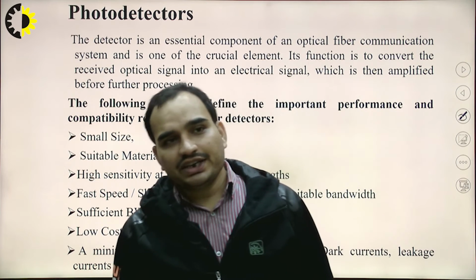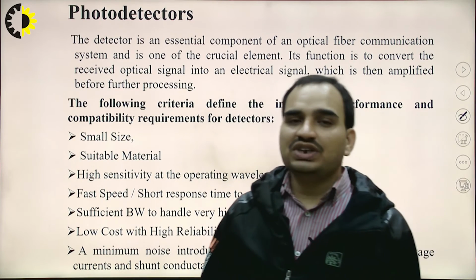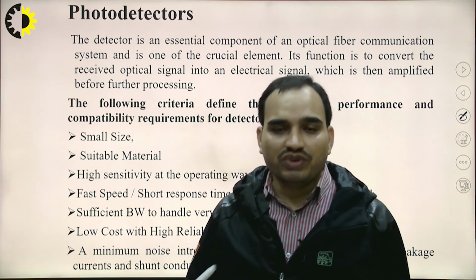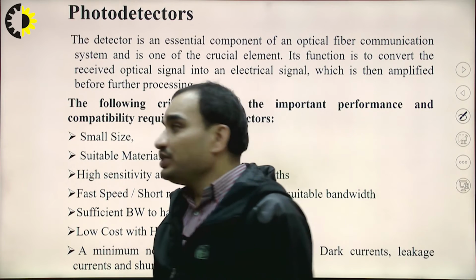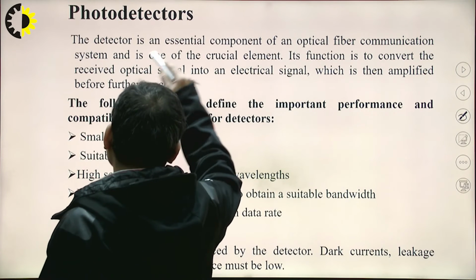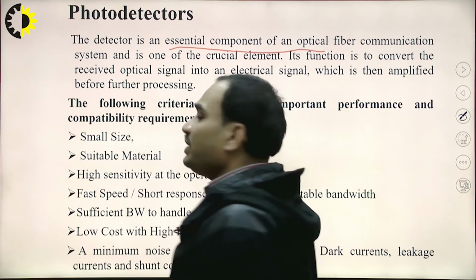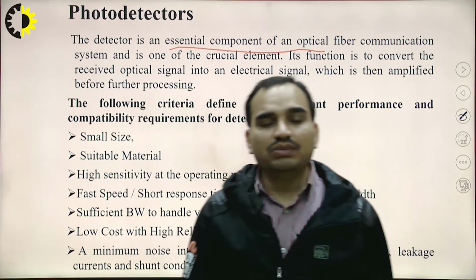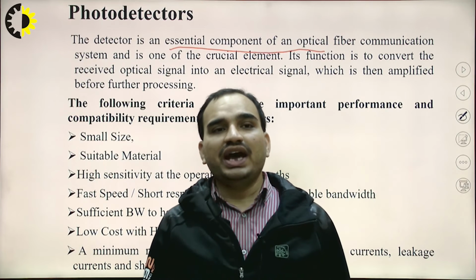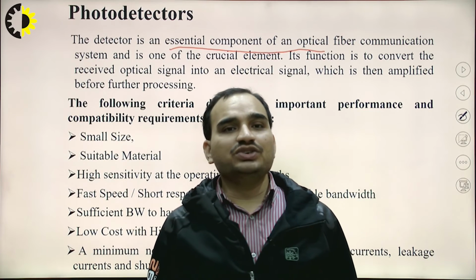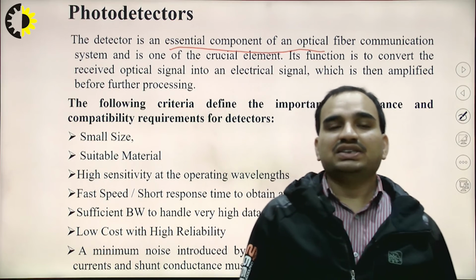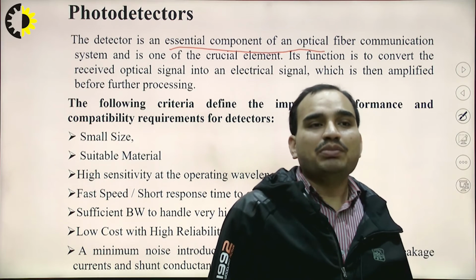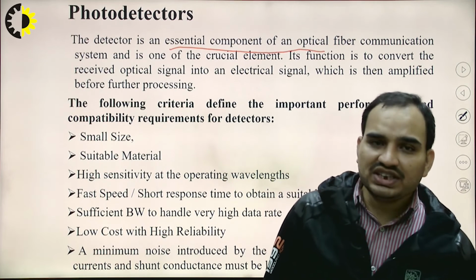Photodetectors are nothing but transducers used to transform one form, that is light energy, to electrical signals. The detector is an essential component of the optical fiber communication system and one of the crucial elements. Its function is to convert the received optical signal into an electrical signal, which is then amplified before further processing.